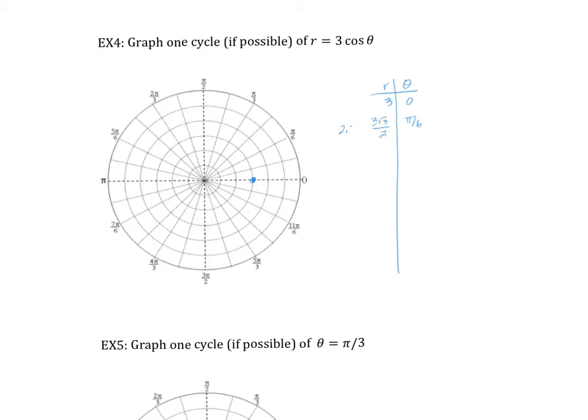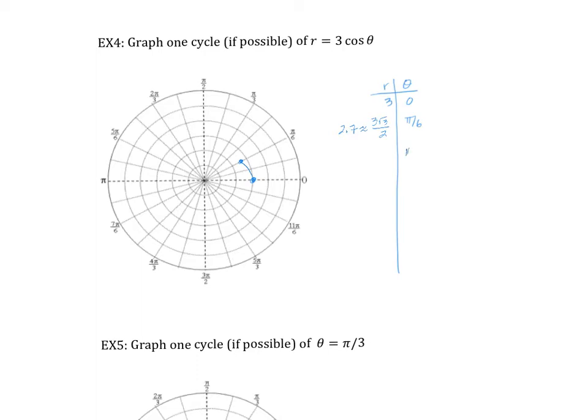I could be a little off, but remember, I'm just sketching a graph, so it won't be off by much, maybe 0.1. At pi over 6, I'm going to go out 1, 2, and about 0.7. This is a nice smooth graph, so it should do something like that.